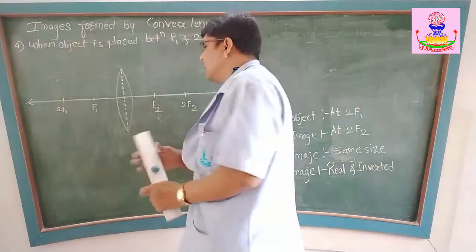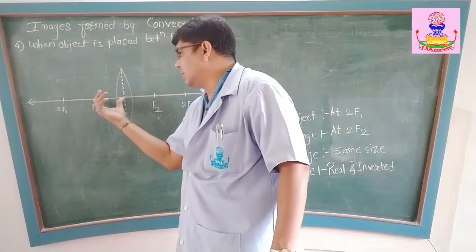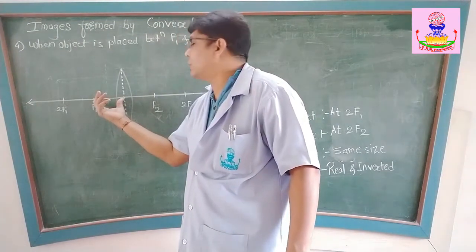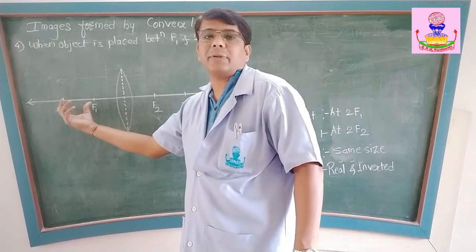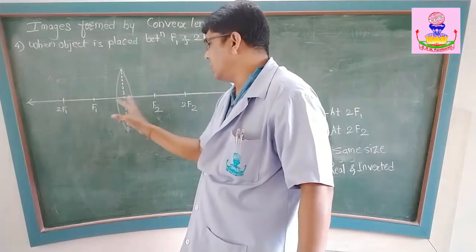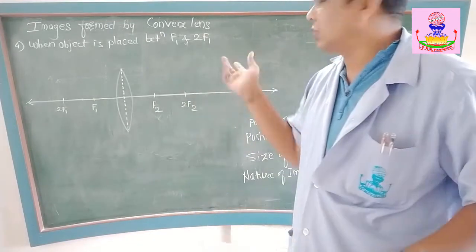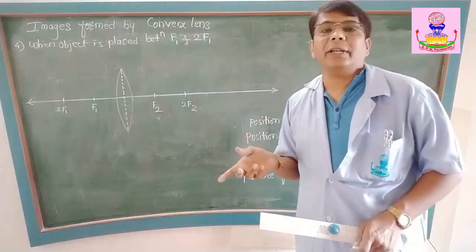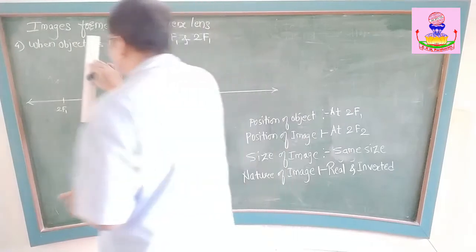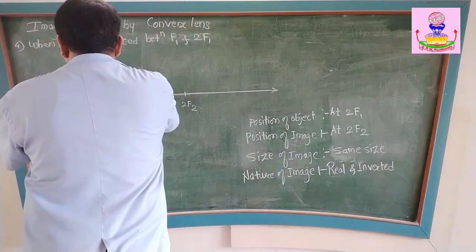Again I remind you that the distance between F1 and O, and the distance between 2F1 and F1 are the same. Please take note of that. Now the object is placed between F1 and 2F1, somewhere here.